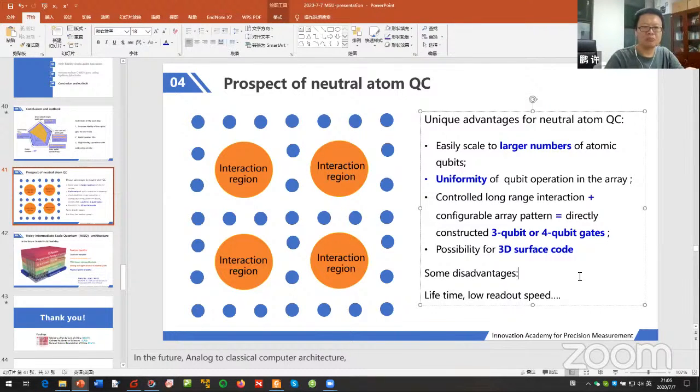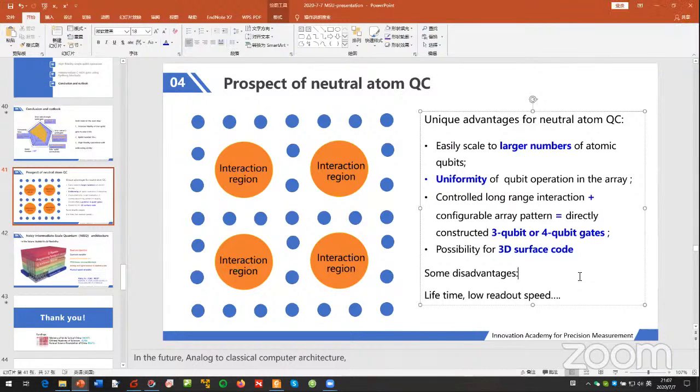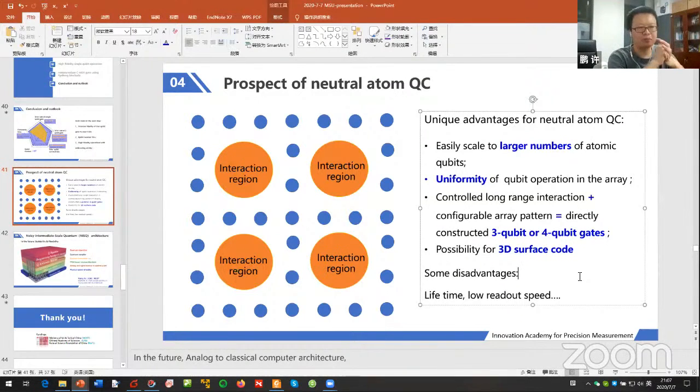In France, Antoine Browaeys' group has demonstrated the 3D pattern of the atom array. That was realized probably by a spatial light modulator.